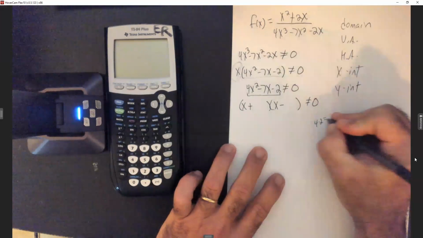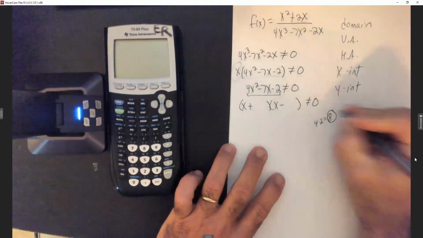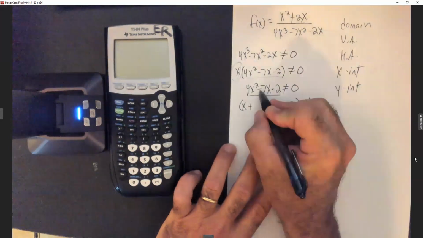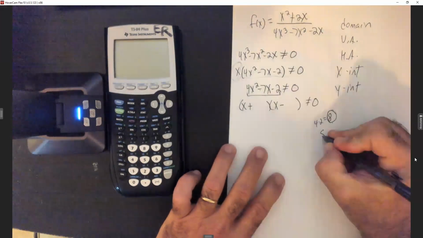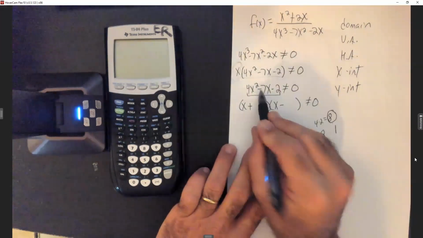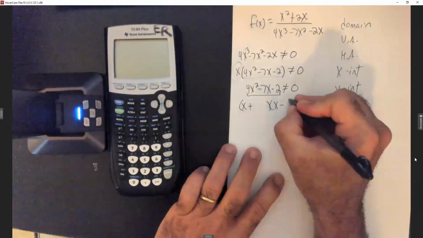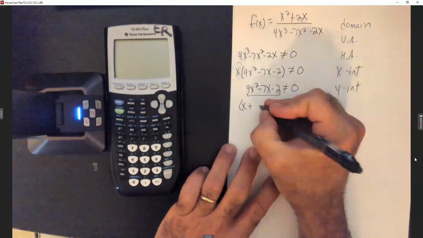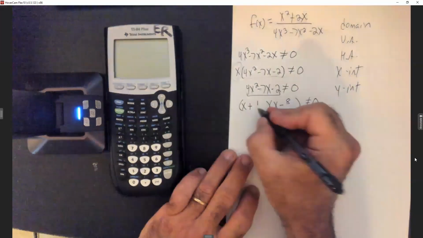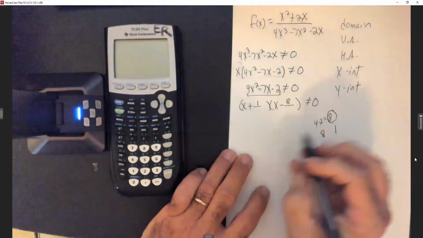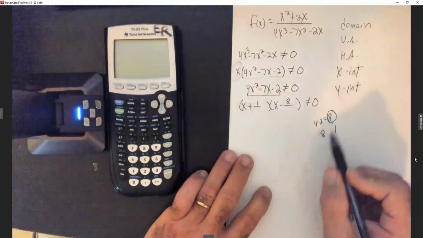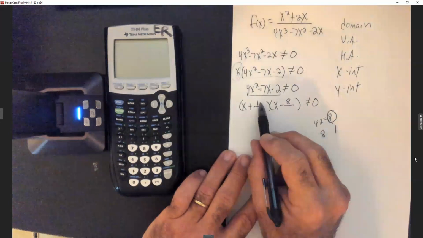So 8, we need to find factors of 8 that'll subtract and get that 7. That would be 8 and 1. The larger number has the same sign as the middle, so the 8 would be negative and the 1 would be positive. Now notice I'm leaving them up a little high because anytime you multiply the last number to get the product you're looking for the factors of, you got to divide both of them factors by that first number, which is the 4.